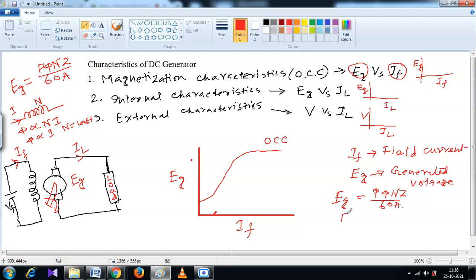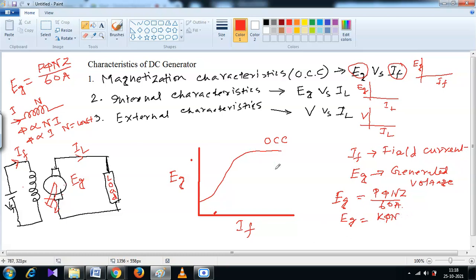So we can write it like that, a constant. When a machine has already been designed and there is a machine, we can say Eg is proportional to a constant, phi and N.